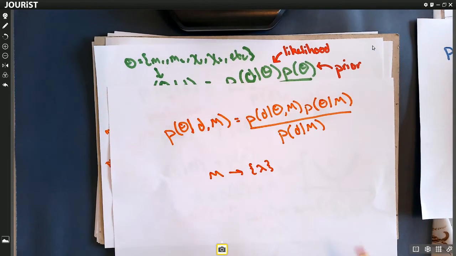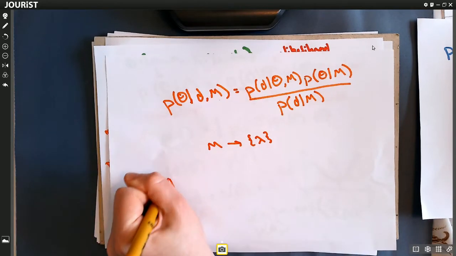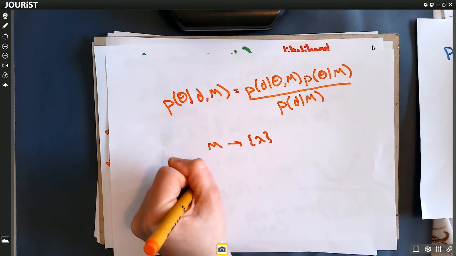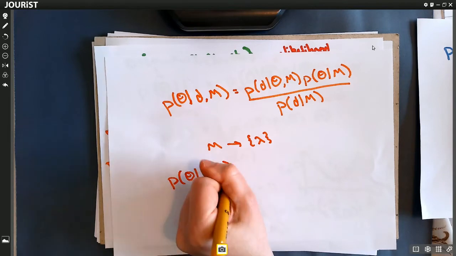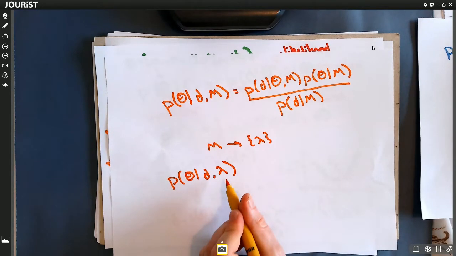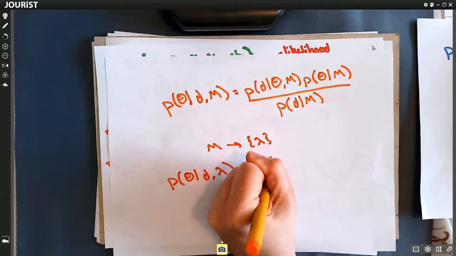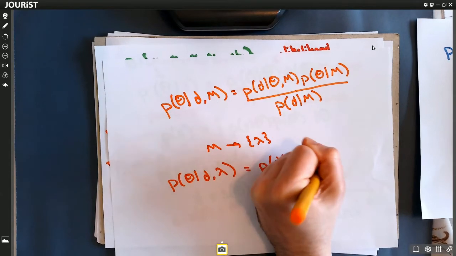So we have going from one model which is fixed to one which varies depending on the particular choice of hyperparameters. And in this case, what we would have for our particular realization is our posterior given one particular set of lambda, so one particular set of hyperparameters.